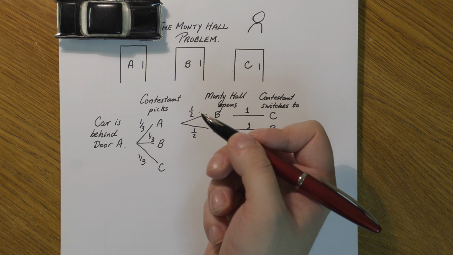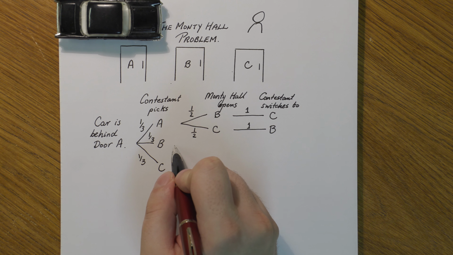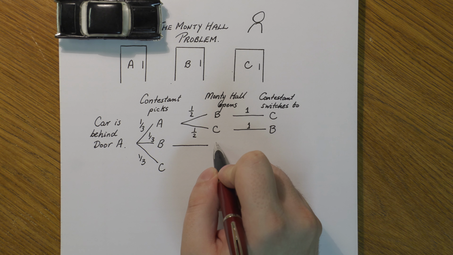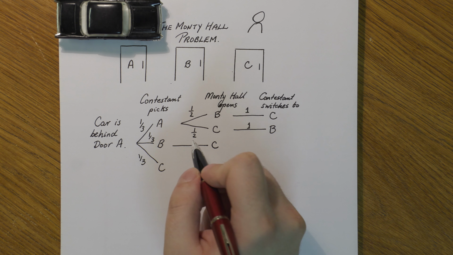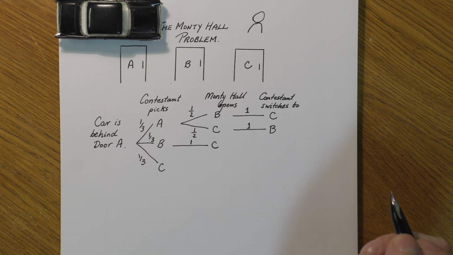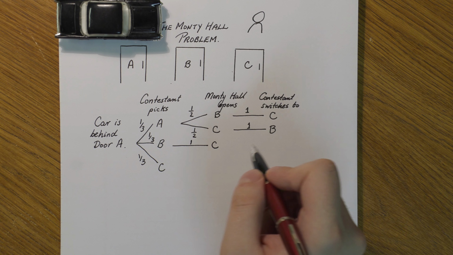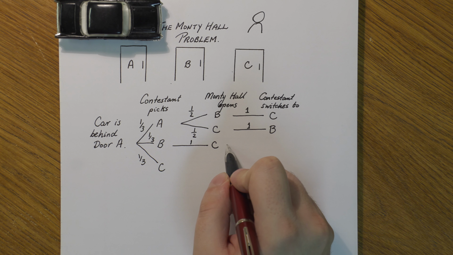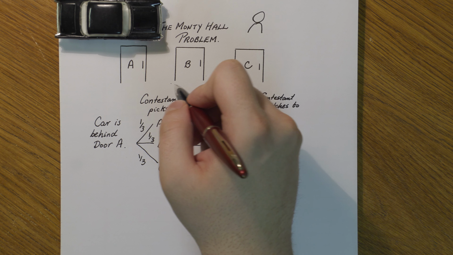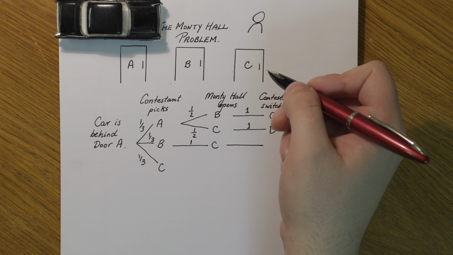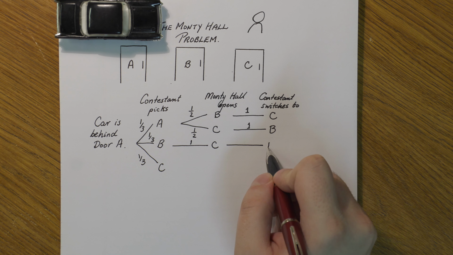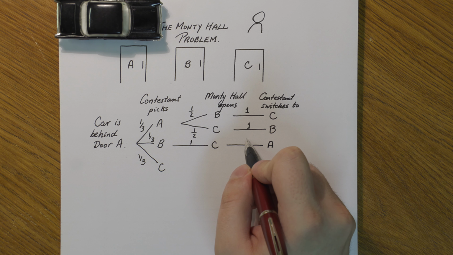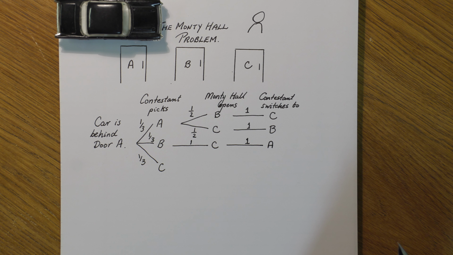He can't open A because that's where the car is. So that means he'll have to open door C. And because of that, we're going to see if the contestant switches. The only door that's left, because we can't use B, and we can't use C because Monty Hall's opened it, is A, so he switches to A. And so that will be probability of 1 as well.